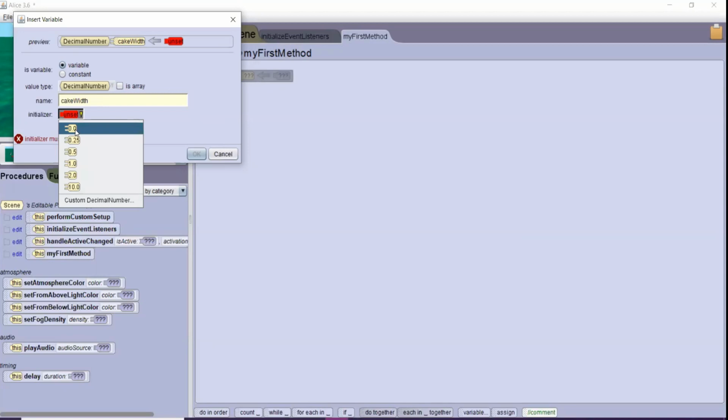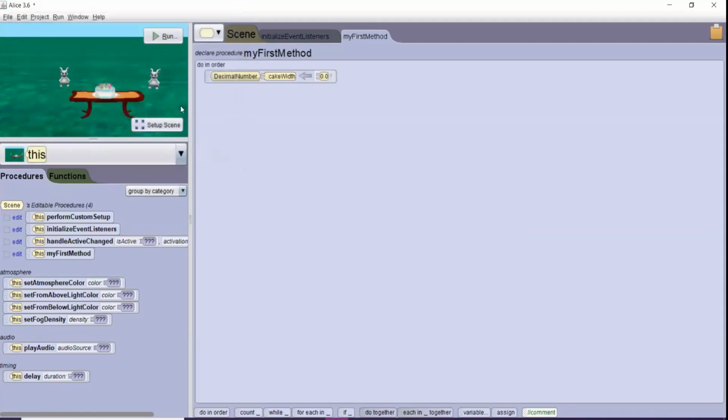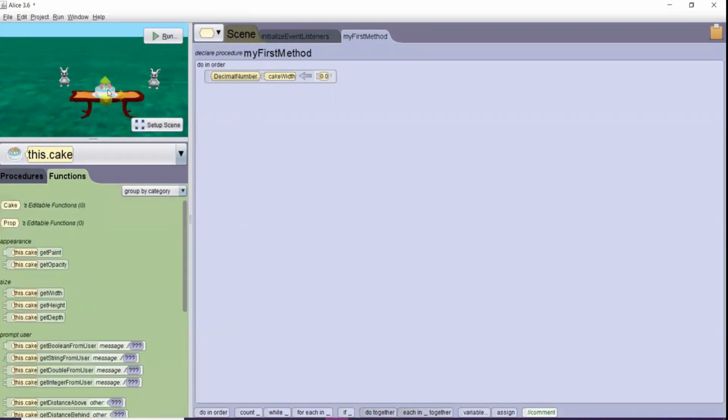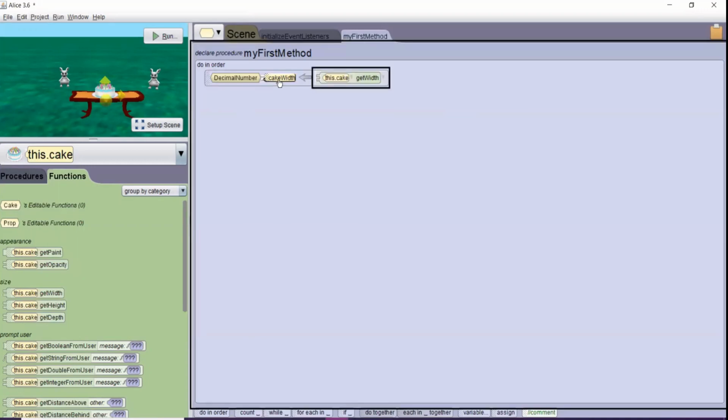Initialization dia saya nak letak 0.0. Okay, bila saya dah buat this one, okay, klik dekat this cake dan this one, saya akan tarik dia ke sini. Nampak? This cake get width, dapatkan get width cake ni, masukkan dalam cake width.